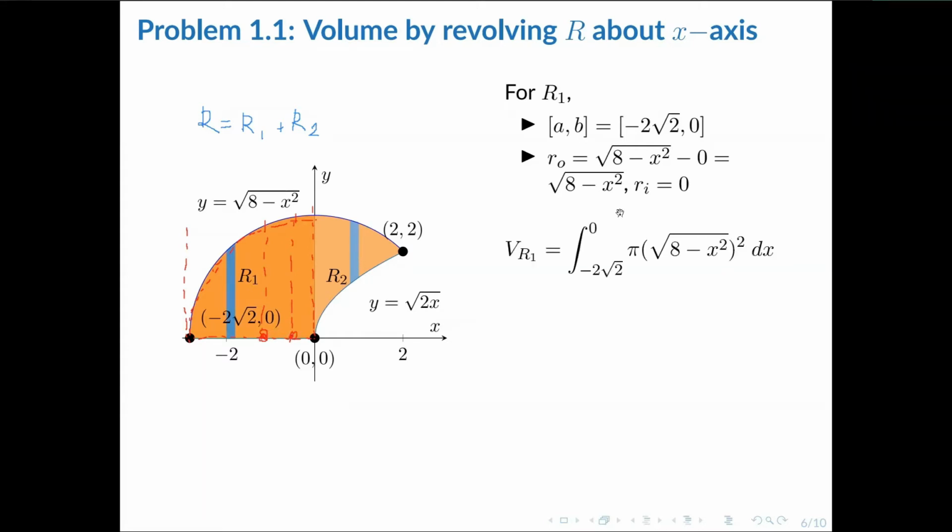So the volume of R1 can be written as the integral of pi the quantity square root of 8 minus x squared squared dx from -2 square root of 2 to 0. So as you remember, yung volume kanina ay by washers, or this can be written as the integral from a to b pi outer radius squared minus inner radius squared dw.